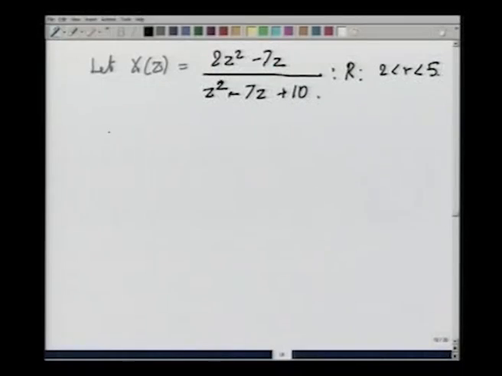If we carry out a partial fractions expansion, it turns out that this is equal to z by z minus 2 plus z by z minus 5.